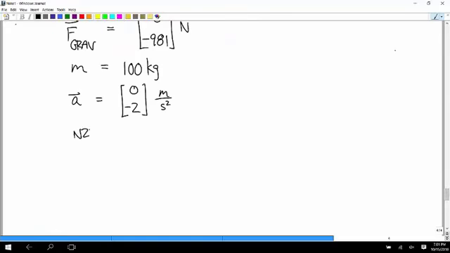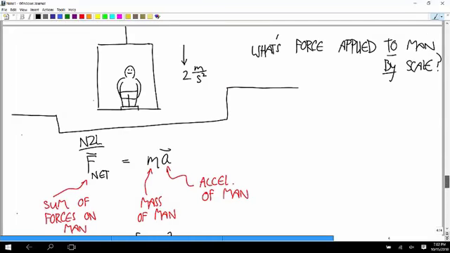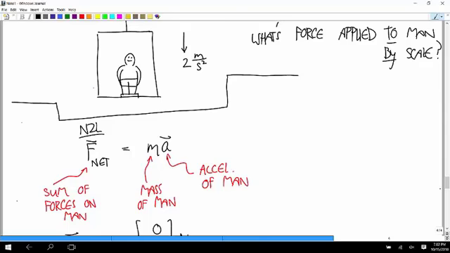So Newton's second law says, well, what forces are acting? The gravitational force is acting, 0, negative 981. And now we have to think about all the contact forces. Where is the outside world in contact with the chosen object? Just the scale.